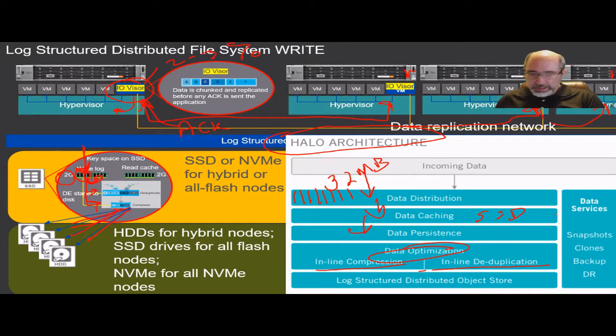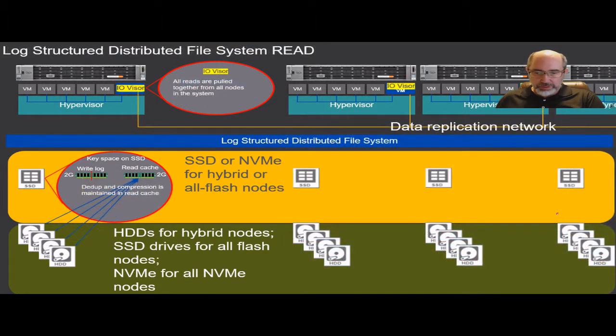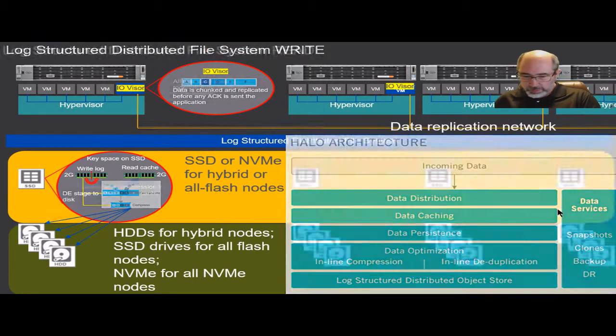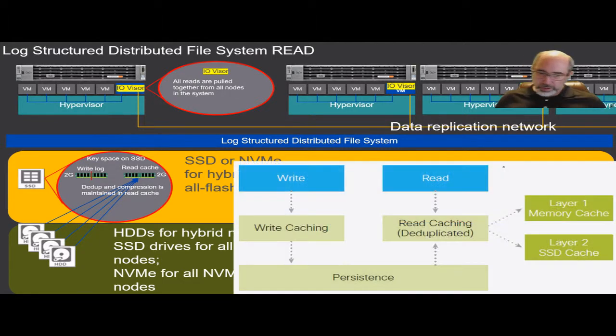All right, so let's take a look at the read situation, or the read process, if you will. Again, let's go down one more. So the read process is a little bit different. In a read cache, as you're pulling data chunks, remember it's all chunked and it's all striped, and we'll talk about the details of how that happens in the next slide. As the data is pulled into the cache, it's a 2 gig cache.